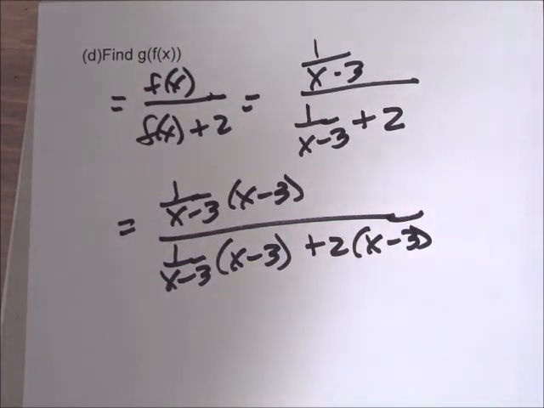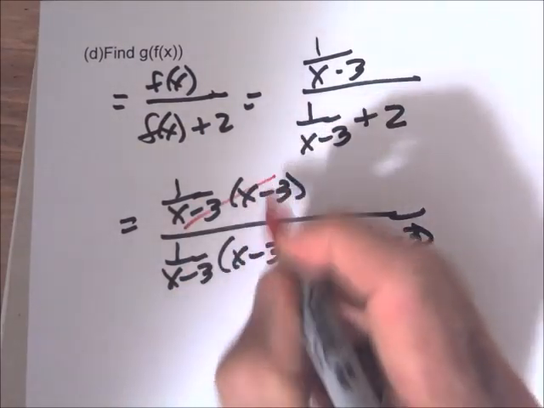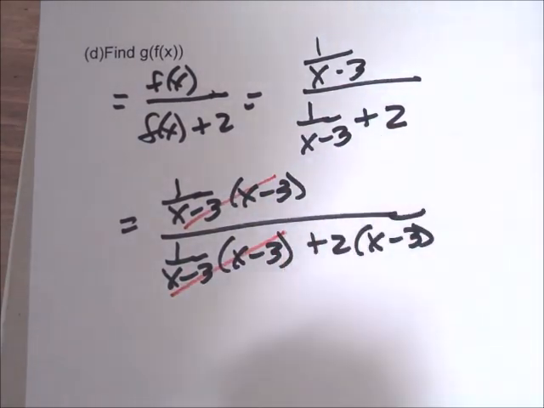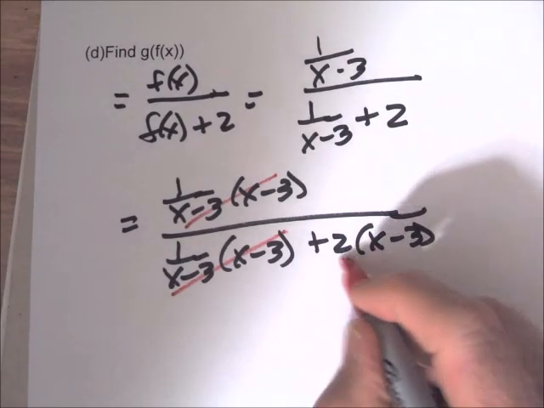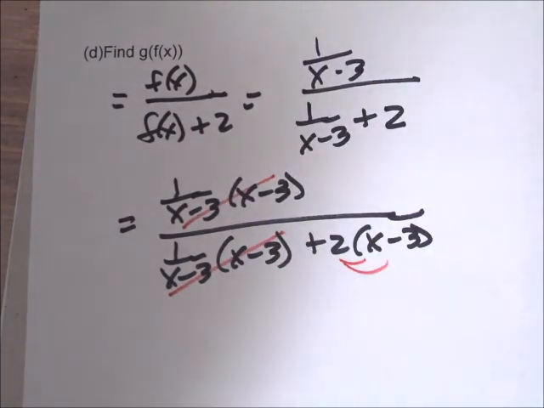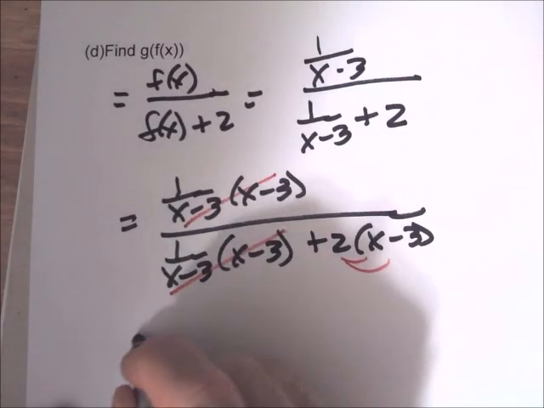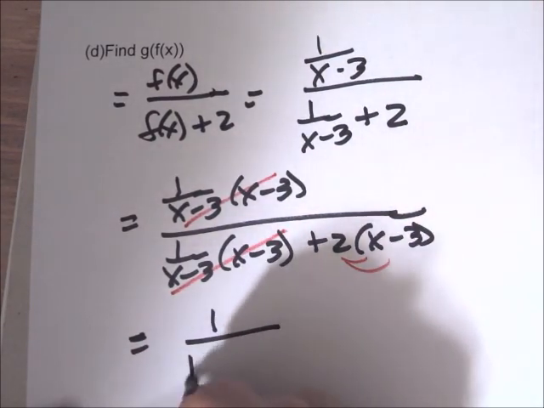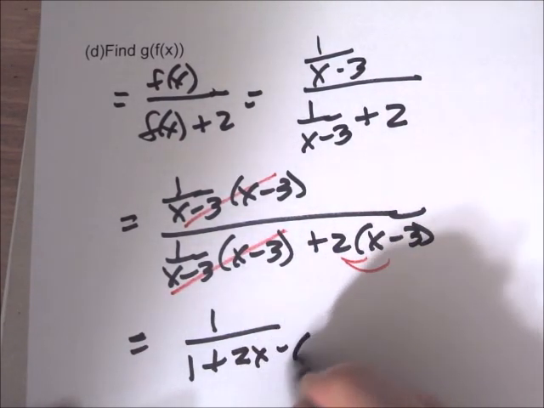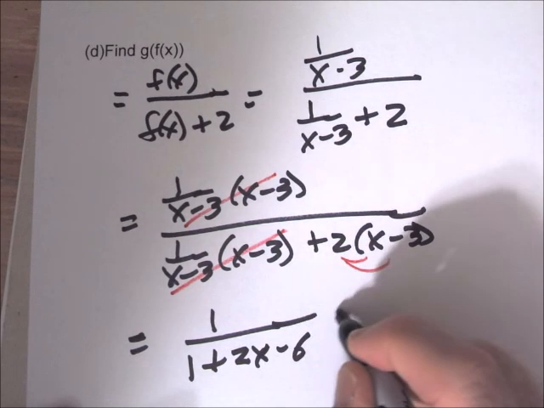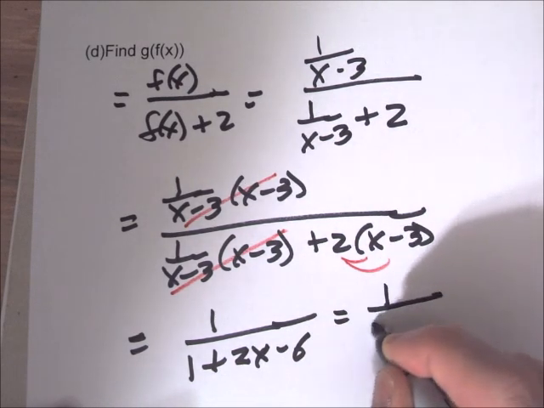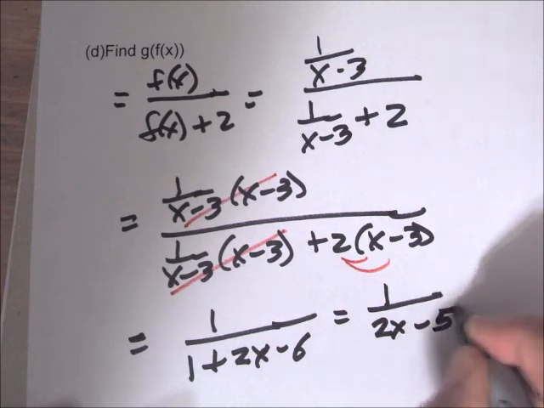Okay, so the x minus 3's will cancel on the top and also the bottom left. And we can distribute the 2. And so this will give us 1 over 1 plus 2x minus 6. 1 minus 6 is negative 5. So this is going to be 1 over 2x minus 5.